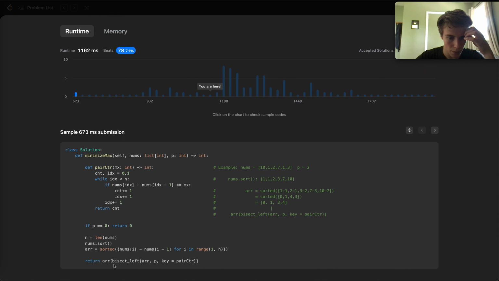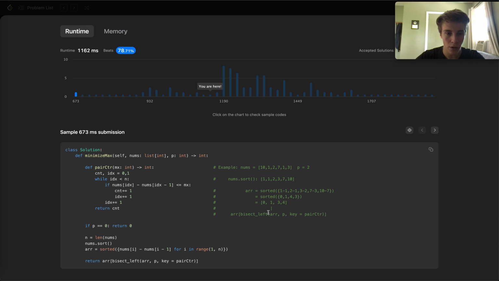And I'm wondering, R is just the sorted instance of all differences. So how come bisect left gives us the min-max diff?